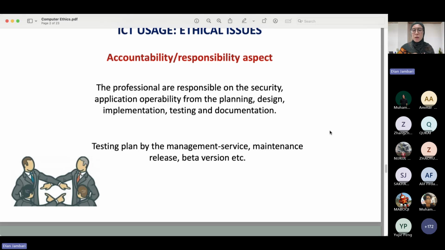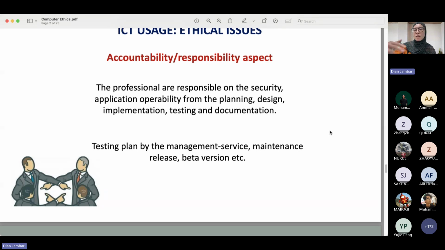So as professionals, we will be faced with issues related to every perspective in the context of using ICT, either using the ICT as part of developing the technology, developing the software or the system, or even the perspective of using the IT as the user, although we are also the computing professionals.